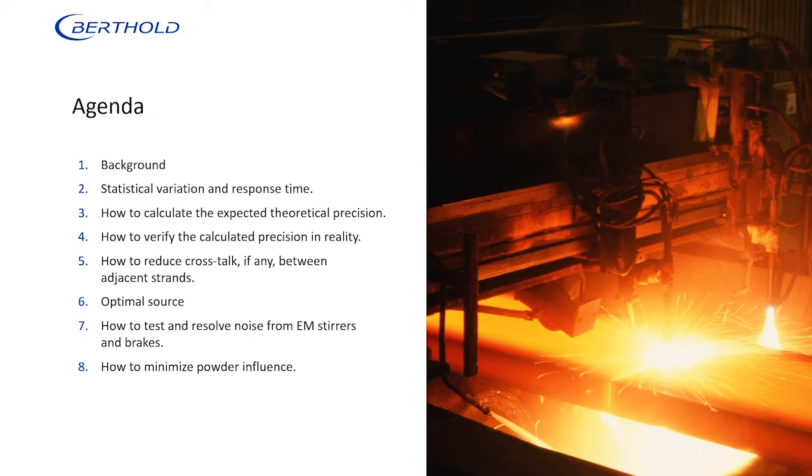Then we will talk about how we can find out if casting powder is having an effect on our measurement and also how to minimize that. And then also how can we suppress mold oscillation influence. And as we mentioned before, there will be a question and answer session in the end, where I will do my best to try to answer your questions.